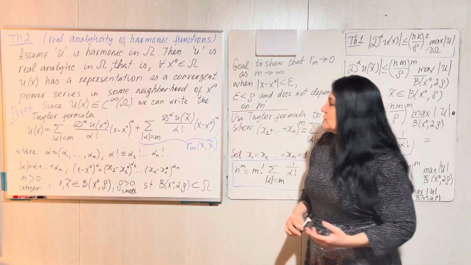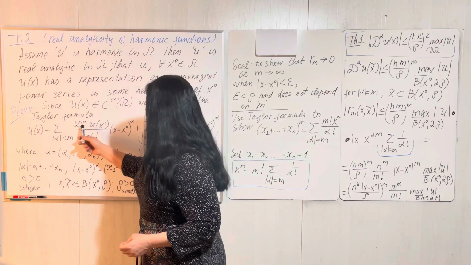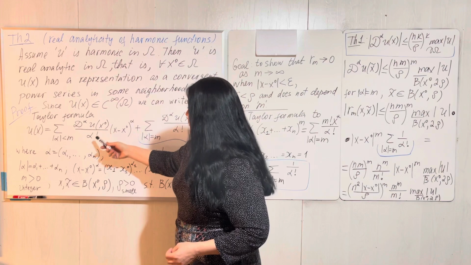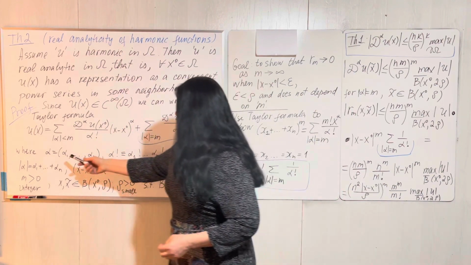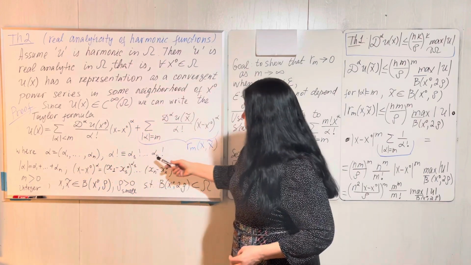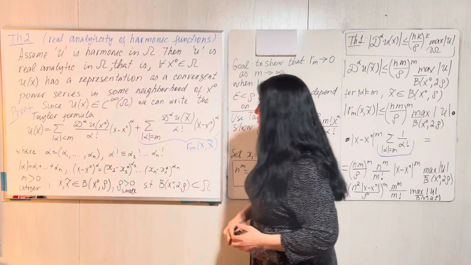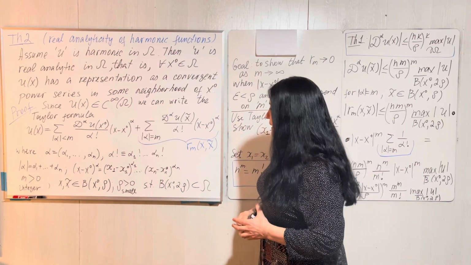This form uses multi-indices, so it will be derivative of order alpha of U over alpha factorial, times x minus x0 to the power alpha, and here I explain again the notations related to multi-index.